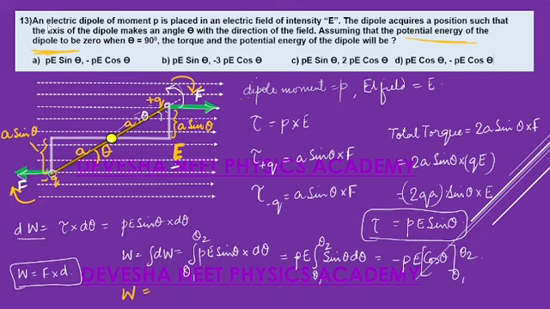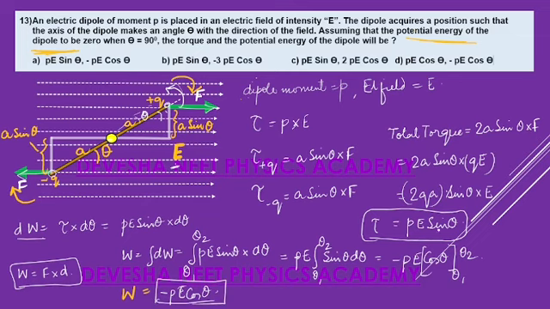So the work is equal to minus PE cos theta. As you know, this work will be stored in this dipole as potential energy. So the answer will be minus PE cos theta.